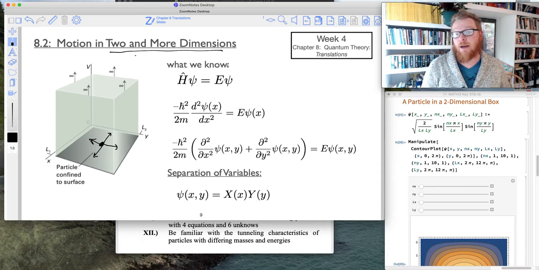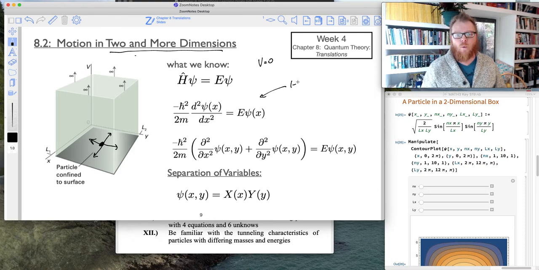So let's first establish what we know. Well, we know Hψ = Eψ. Great. We know here we're still talking about V = 0, okay? So my Hamiltonian is only kinetic energy, negative ħ² over 2m times the second derivative in ψ. All right. But now, look, the way that we apply this to multiple dimensions here, okay?